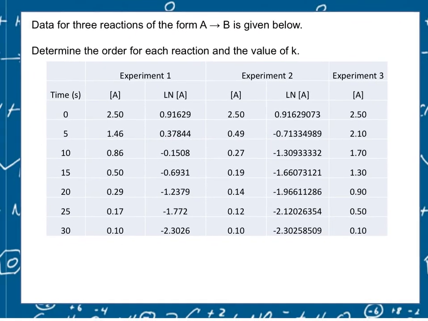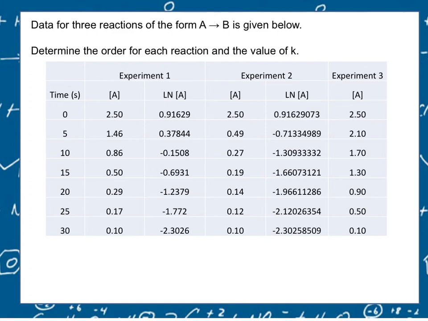Okay, now let's hunt for the first order. First order makes a linear graph when I plot natural log of concentration. So I didn't plot this one. We already know that it's 0, whatever.